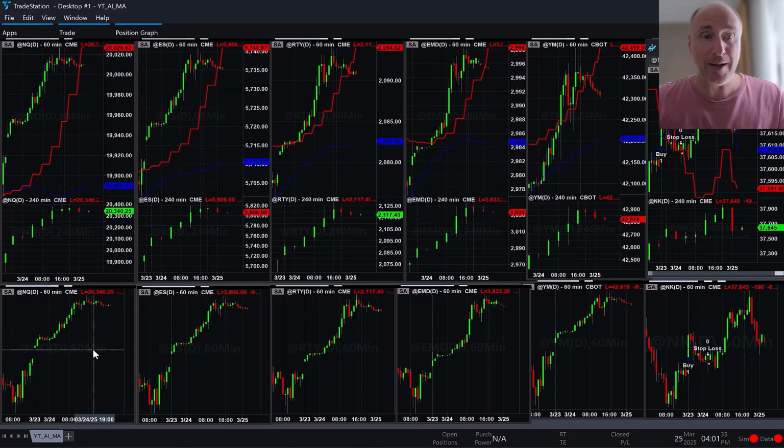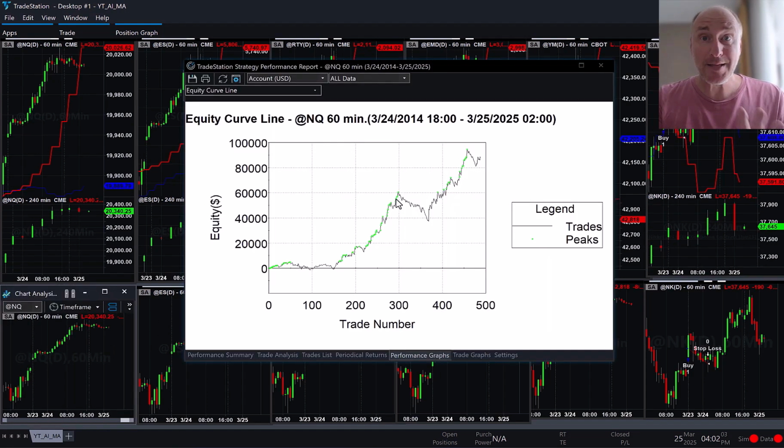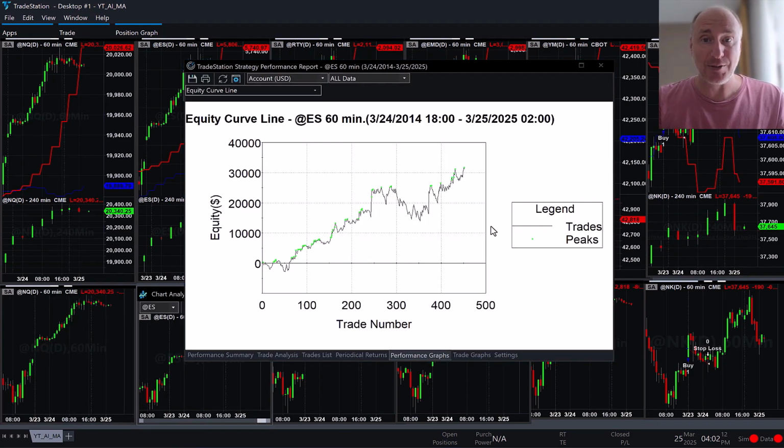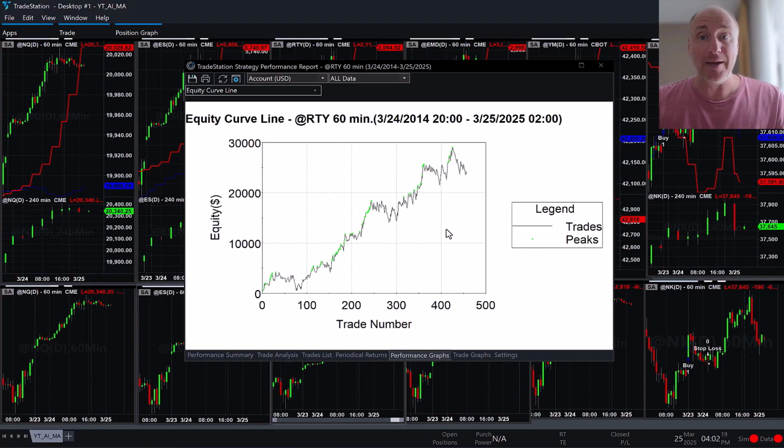So let's begin by seeing what the original strategies look like with the stop loss. This is the original E-mini NASDAQ. This is the same strategy applied on ES. As you can see, not too shabby, but definitely needs a lot of improvement. This is application on E-mini Russell 2000. Again, not horrible, but not fantastic either.